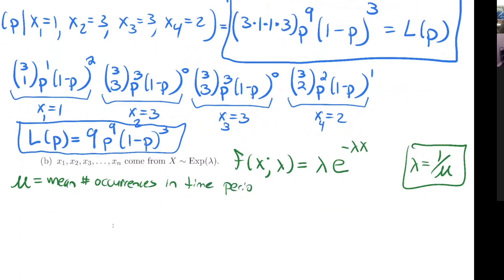So with exponential distributions, like we're dealing with a fixed time period, like how many times does something occur?